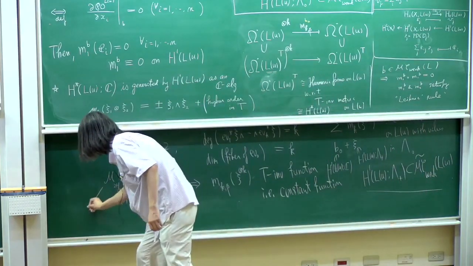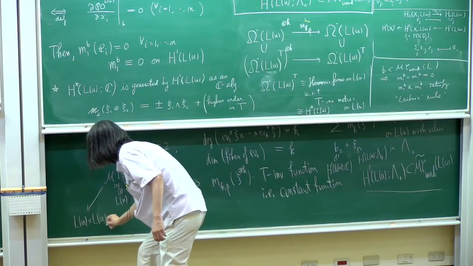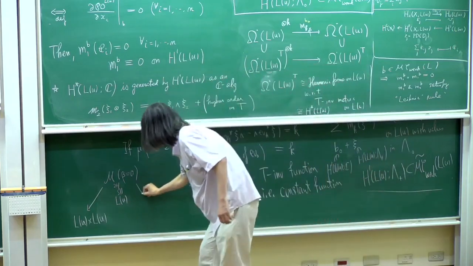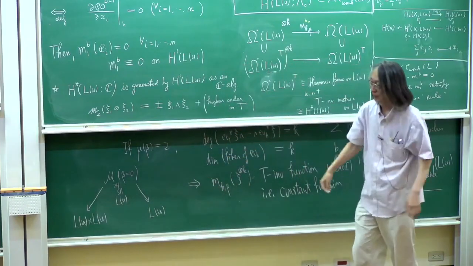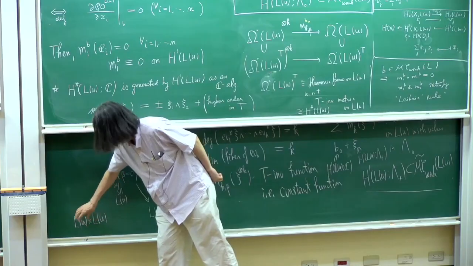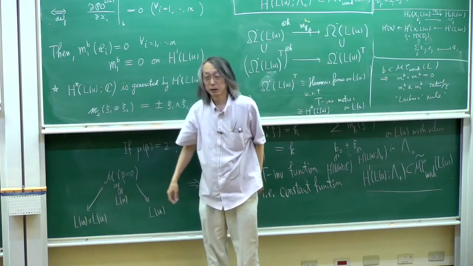And then here you have a map, L(u) times L(u). So this is just a diagonal embedding in this case. And then here, this is also the identity map. So you take a product of the first part and second part, and then pull back by the diagonal map.